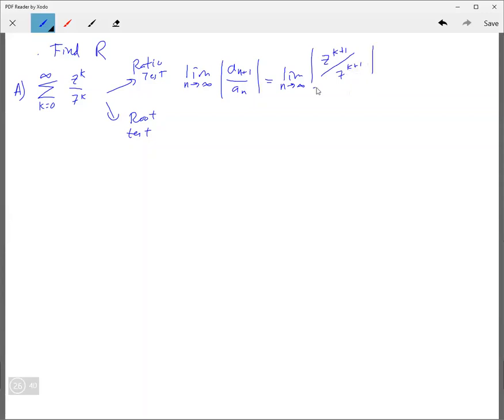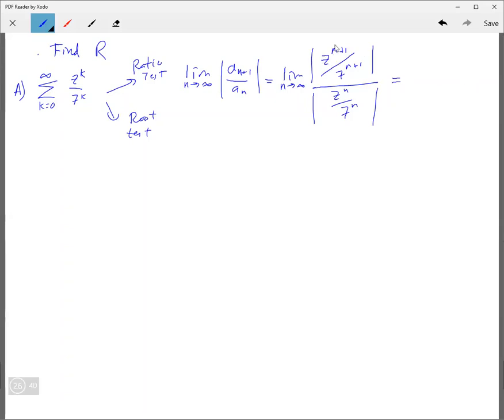And then the denominator for a sub n, whoa, dang it, I put k's instead of n's. Sorry about that. Okay, let me put n's now. n plus 1, and this is n plus 1 there. And in the denominator, you're going to get z to the n over 7 to the n.